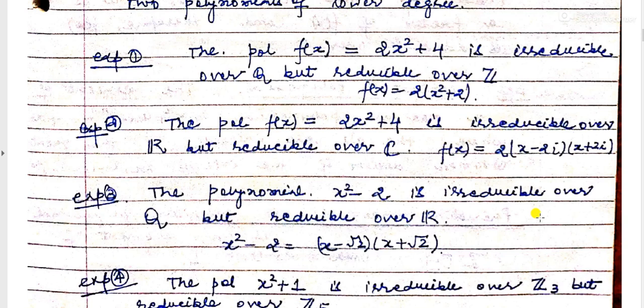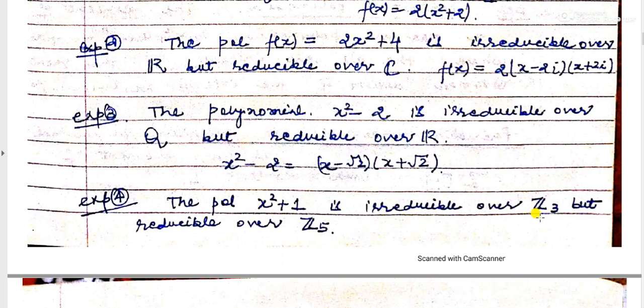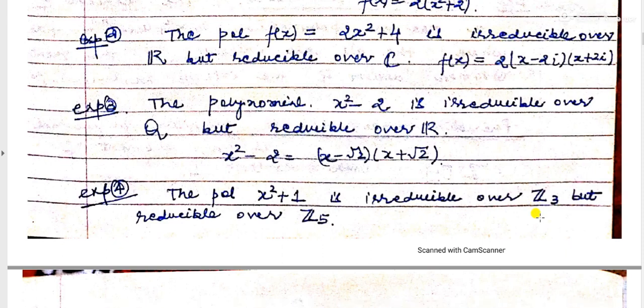So 1 and -1 are both units in Q. This is irreducible over Q. But over R it is reducible because it is written as a product of 2 polynomials of lower degree. Now the next example is x^2 + 1.